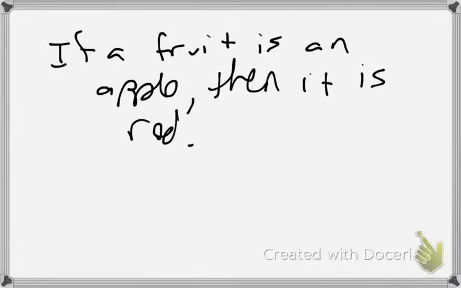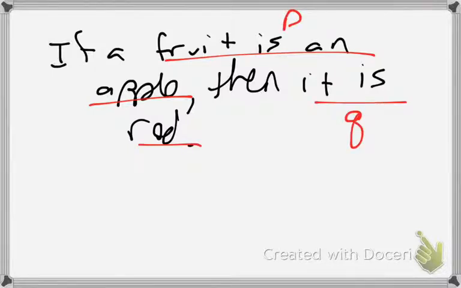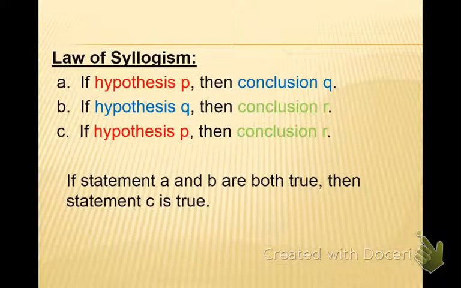For example, if a fruit is an apple, then it is red. Then we would let this part be P and this part be Q. So P, Q, and R are just different statements that we were using for a hypothesis or a conclusion.